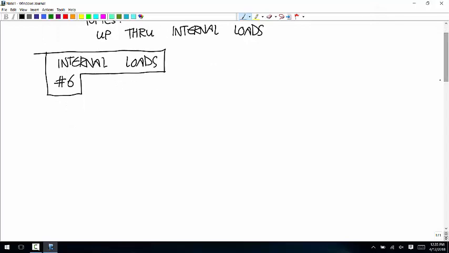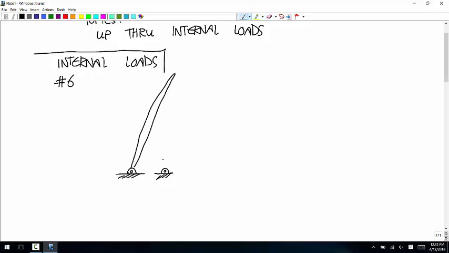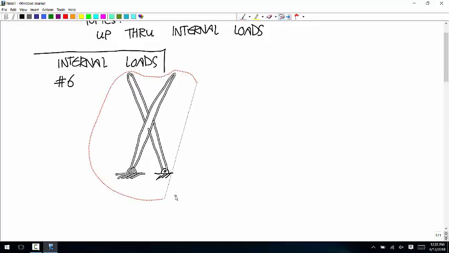Okay, so this one has 2 members that are connected to the floor by pin joints. And they cross. It looks something like that.